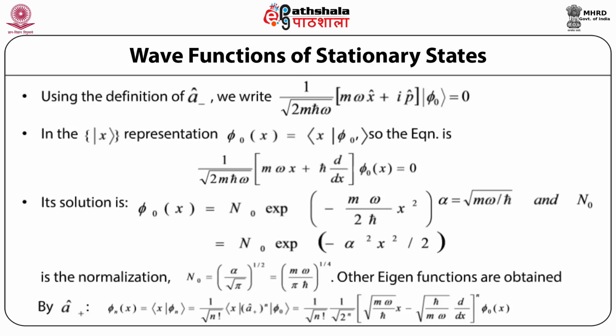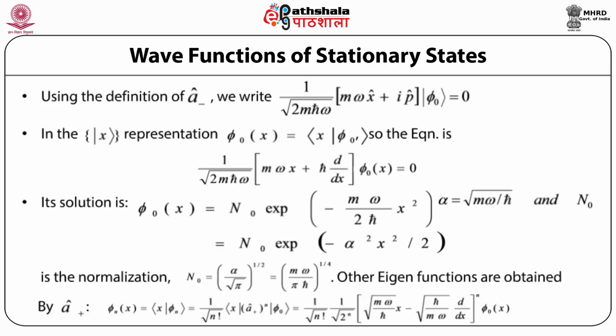So the equation that we get for this is 1 upon √(2mħω) times (mωx + ħ d/dx) acting on the ground state function φ₀(x), and this turns out to be equal to 0.